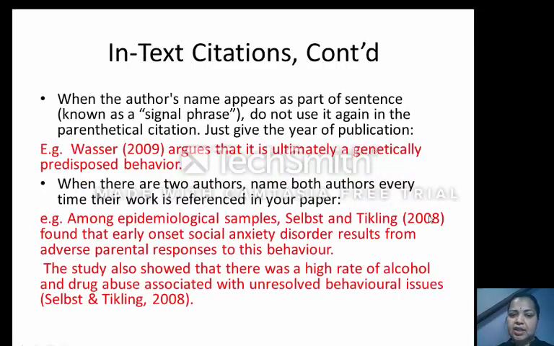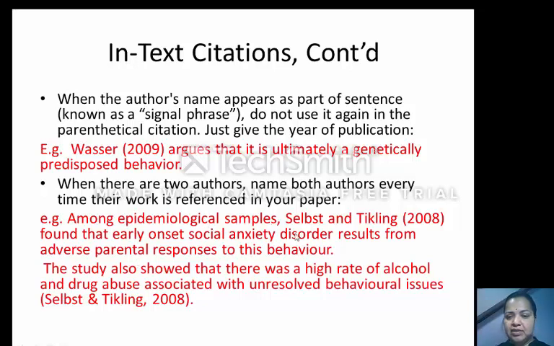But if you are putting it in between, if you're using multiple authors and trying to say something, then you can write the name of the author and just put a single parenthesis with its date. This will play an important role, because maybe you are using 3 or 4 articles of the same author published during different years, so this will differentiate which article you are actually referring to.